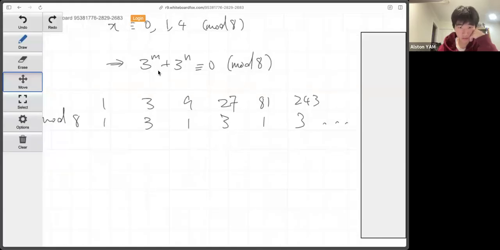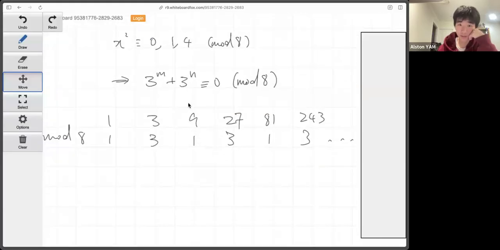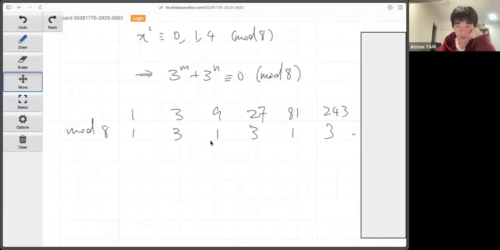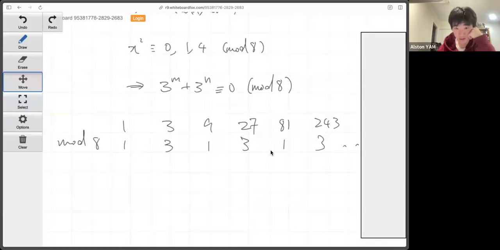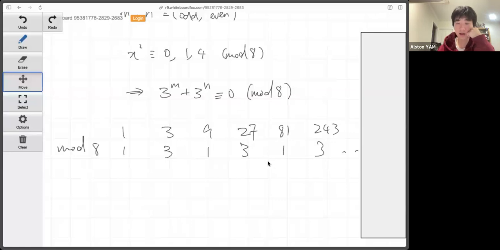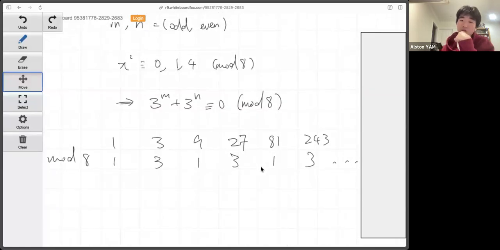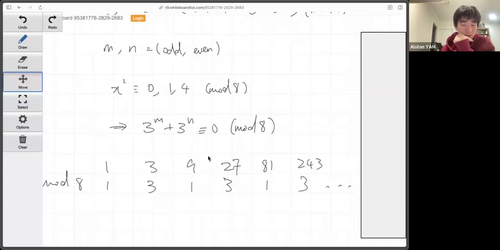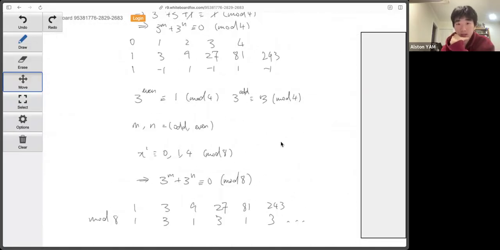But here's where the contradiction comes in, right? Because we know that we have two powers of threes, and they sum to 0 mod 8. But the powers of threes on the mod 8 can only be 1 or 3. And that just gives us our contradiction, right? Because they can only sum to 4 mod 8, or they can sum to 6, or they can sum to 2, but they will never sum to 0 mod 8.